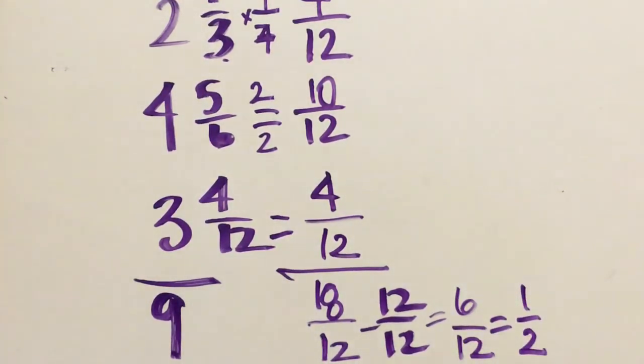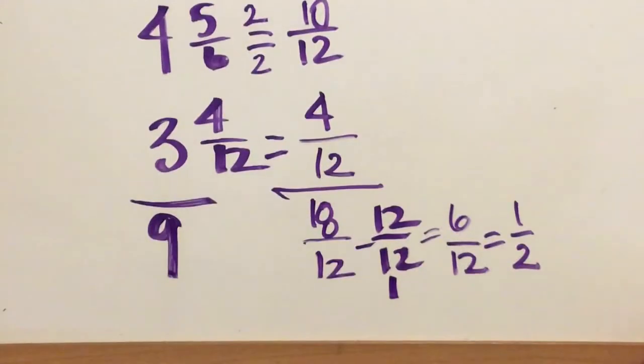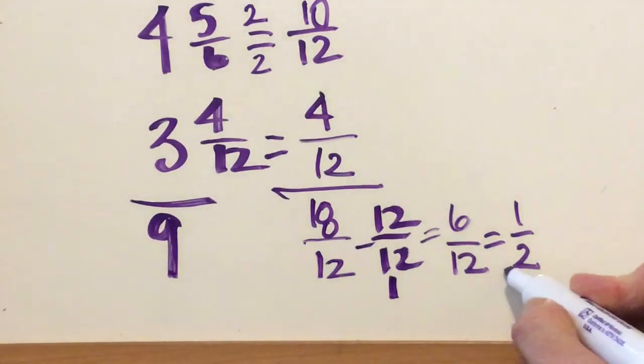Because I could think about both of those numbers are divisible by 6. So I could say 6 divided by 6 is 1. 12 divided by 6 is 2. Or I see that they're both even, and I could keep dividing until I ran out of even numbers. So I had 1 whole that I took away, plus this 1/2.